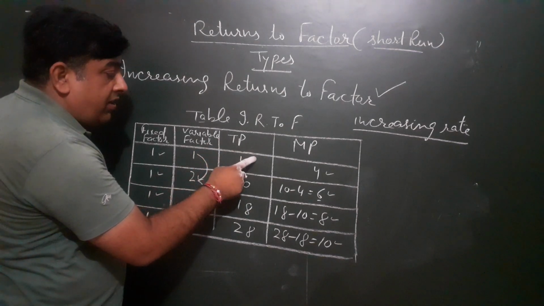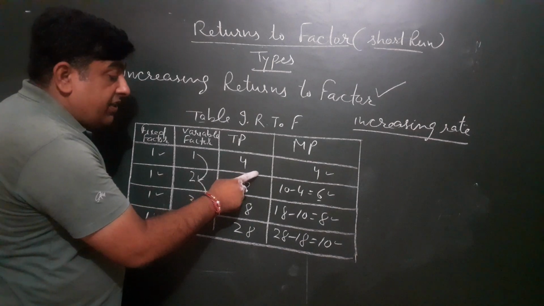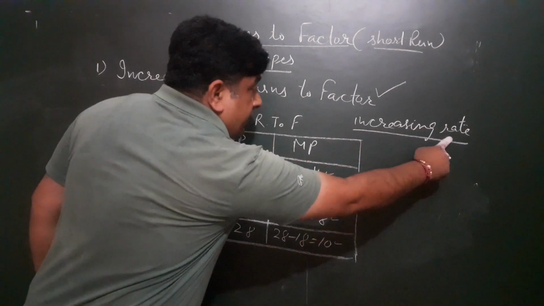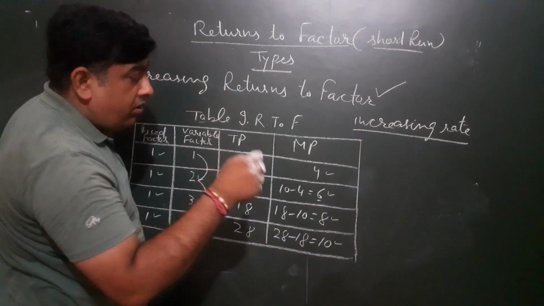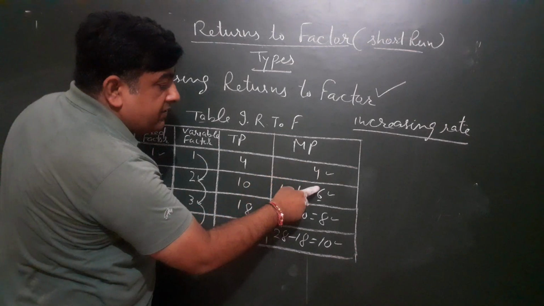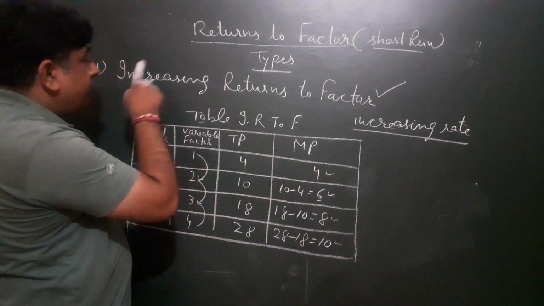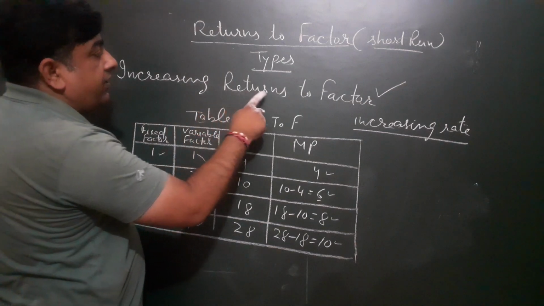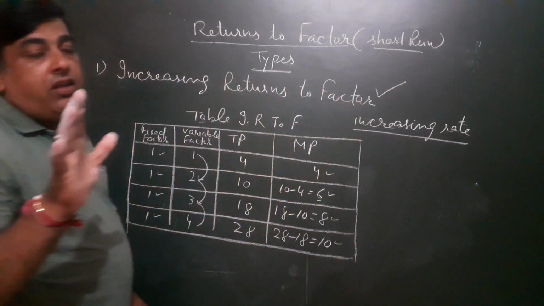Total production is increasing at increasing rate, or when MP is increasing, then that is increasing returns to factor.